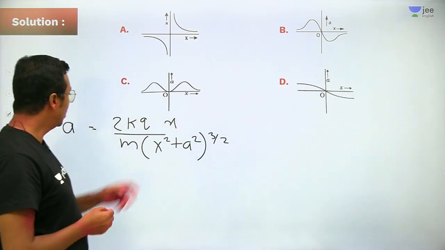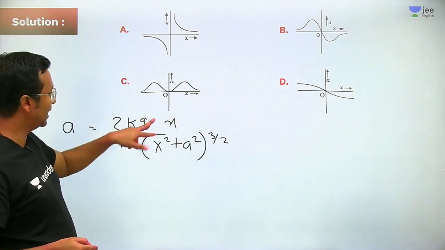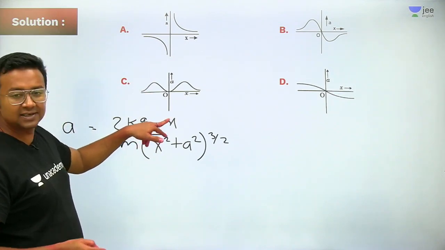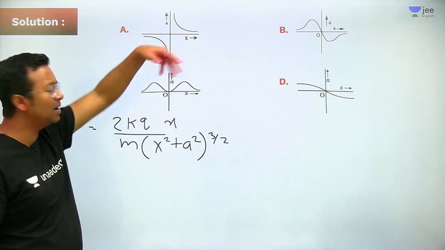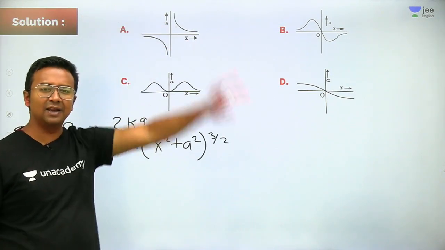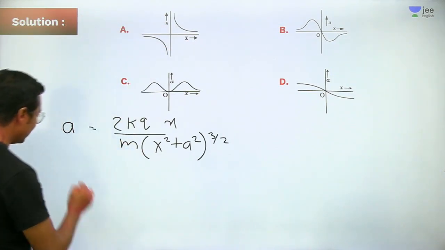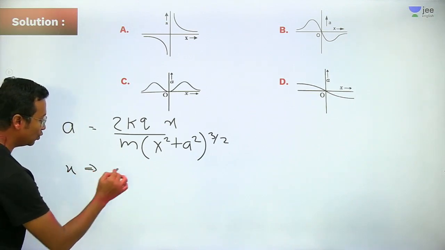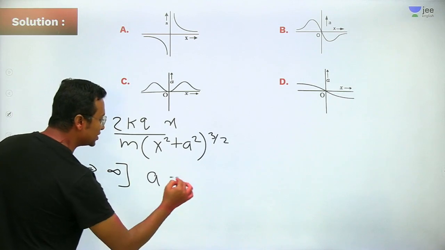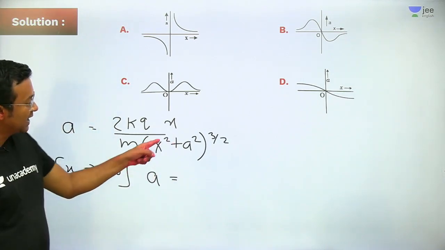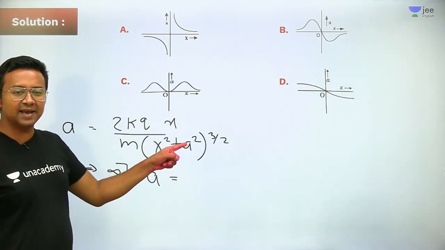So let me put the value of x to be infinity. So x is much greater than the value of a, right? If x tends to infinity, then in the acceleration expression, x square will be much greater than a square.